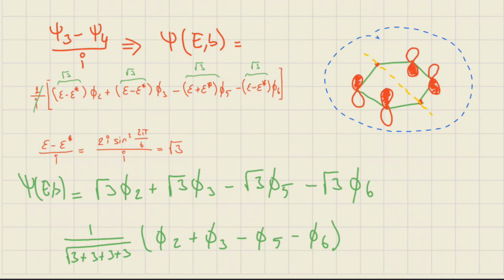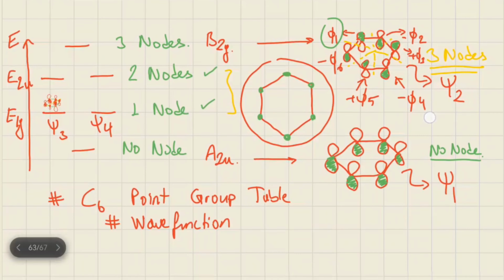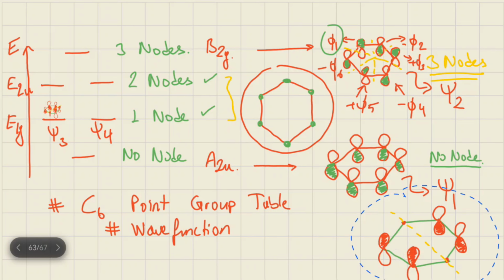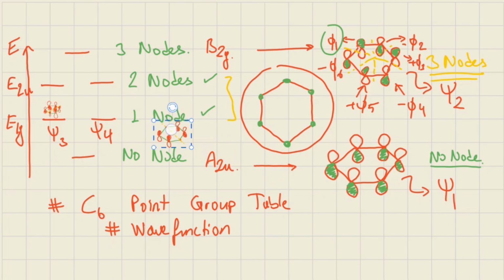I will copy it and I will paste it here. I will resize it and I will put it here. Okay. So I will do the same thing for A2U, but I will not make the calculation for this one.